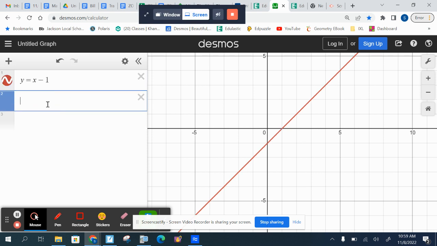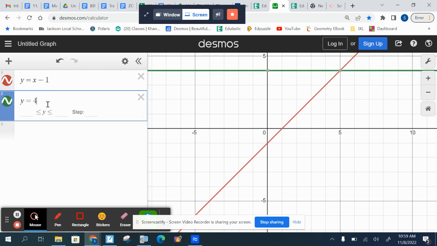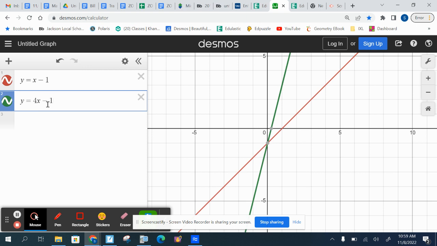On the second line, type in y equals 4x minus 1. You type in the two equations, y equals x minus 1, and then y equals 4x minus 1.